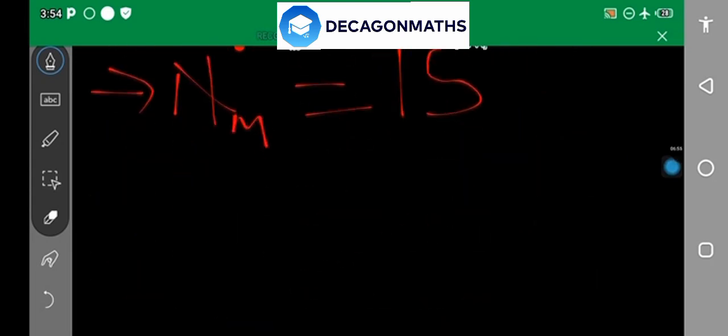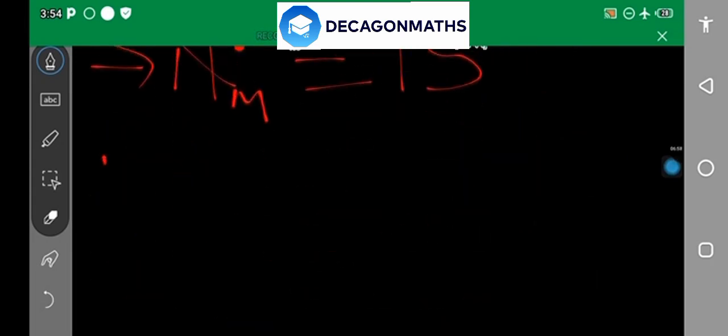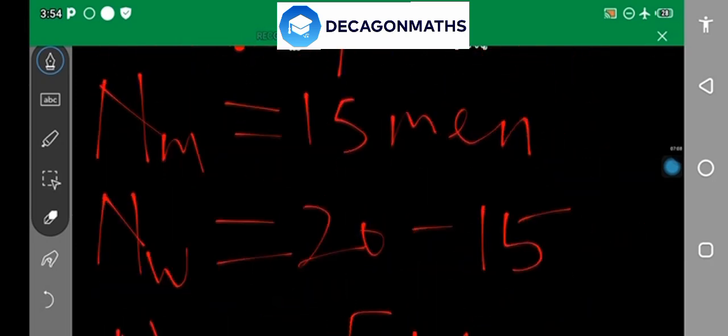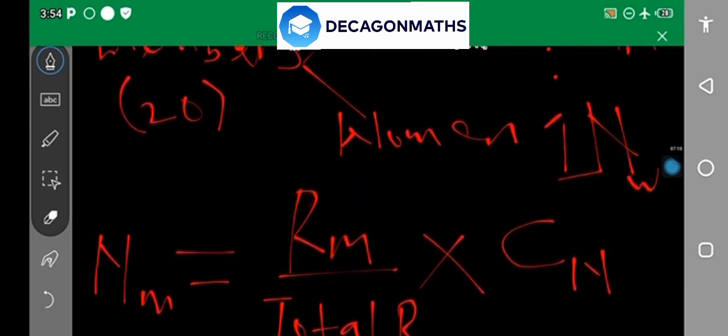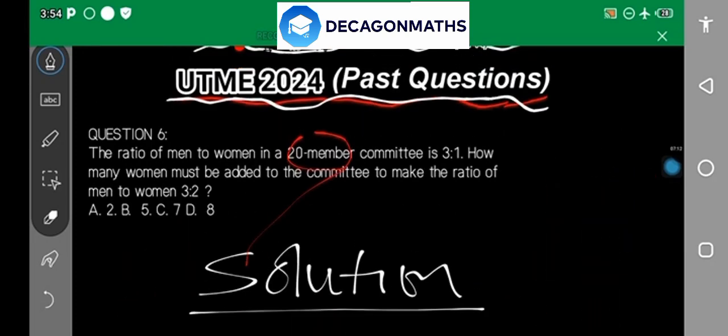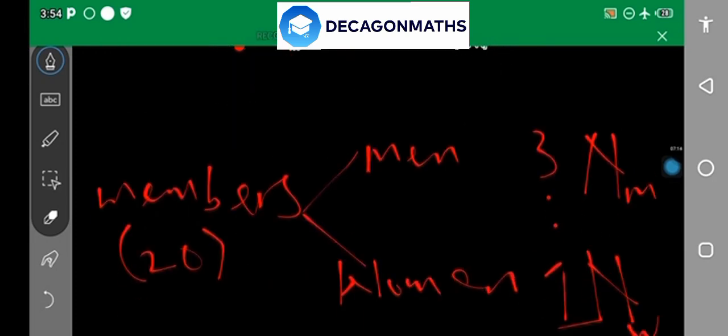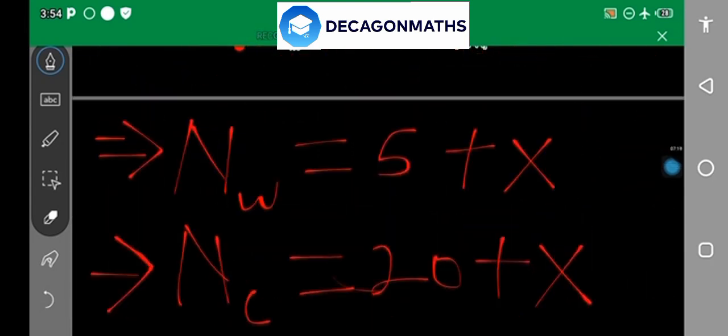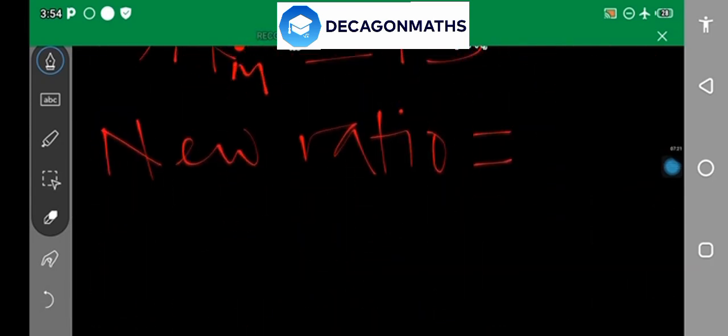Alright, so the new ratio that we should have is 3 to 2. So the new ratio is 3:2.